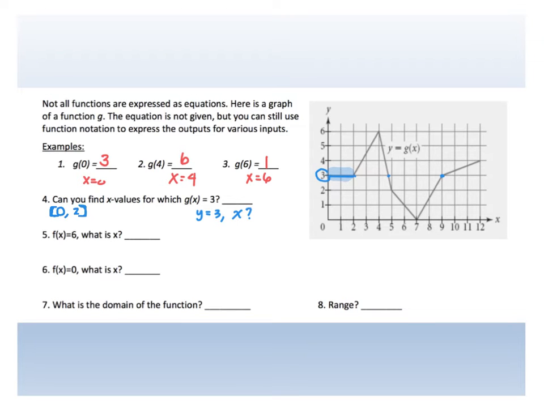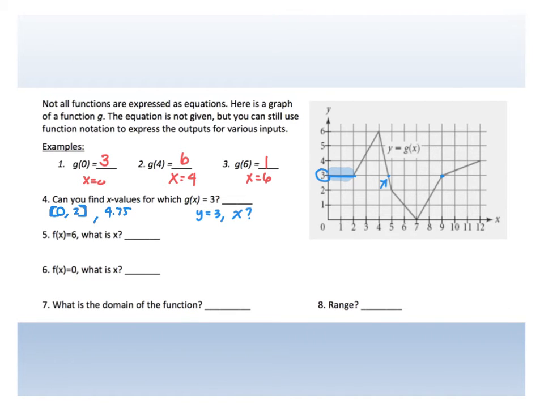You can also write a statement saying anything between 0 and 2, and the reason you say anything between 0 and 2 is because it applies to 1.5, it applies to 1.7, it applies to 0.5. Anything like that applies because it's a solid line. Now this point right here, I would estimate, I think some of you might say it's about 4.75, right?